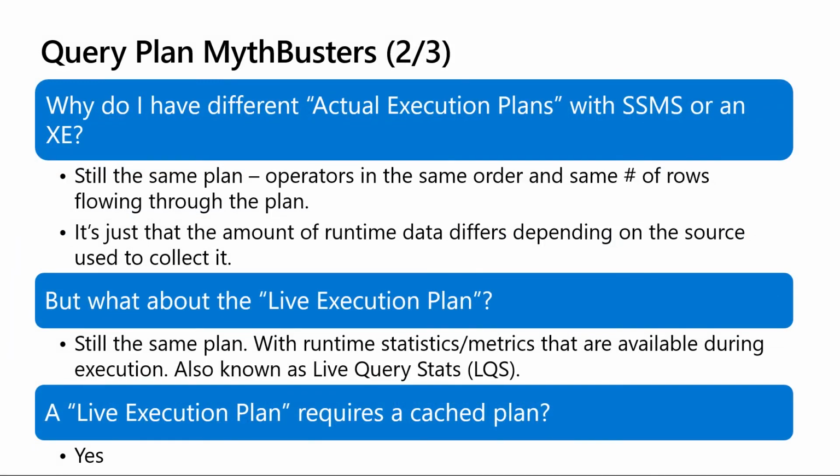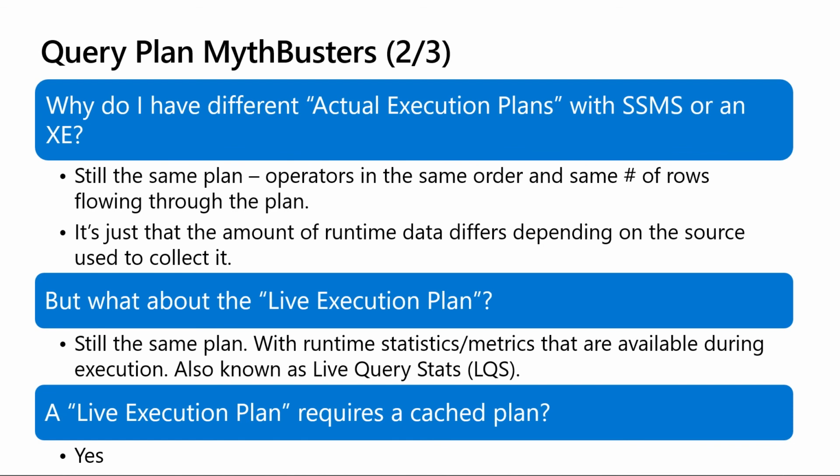So why would I have different actual execution plans in SSMS, or if I capture them through the several extended events that I have available? Again, that is still the same plan. However, we've seen that different events and even different Transact-SQL options will capture different degrees of detail for the same plan.